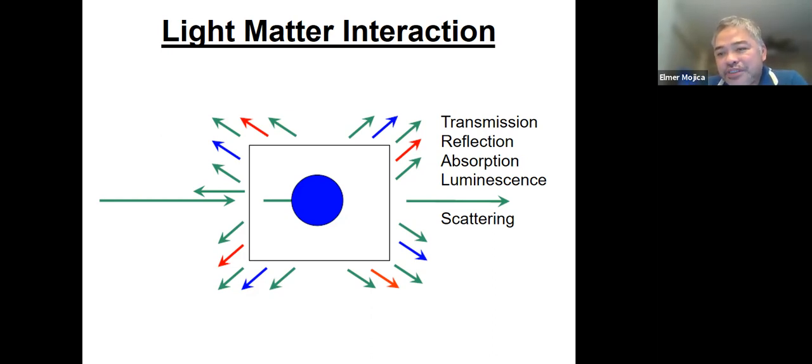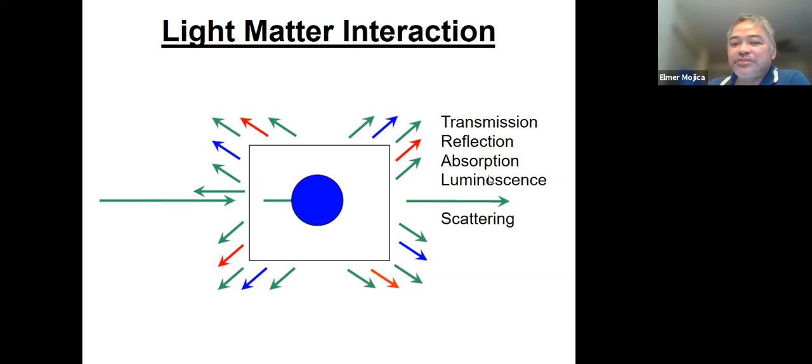But if you put some sort of quantitative relationship on how much was absorbed, how much was reflected, how much was scattered, you're doing spectrophotometry. The main experience that I have is absorption, luminescence, and scattering. Scattering is the Raman that I have worked on.